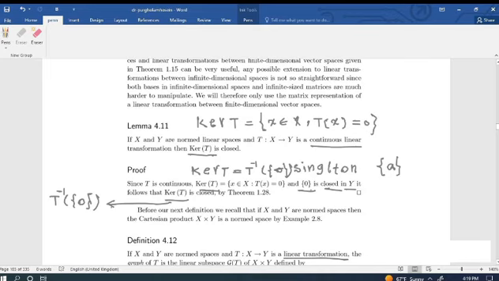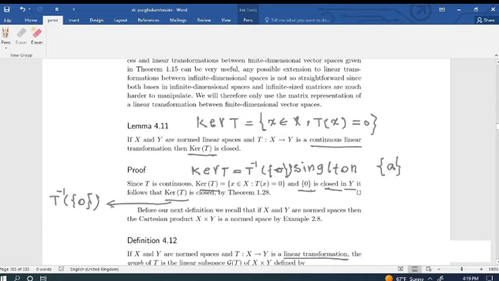So we can write the kernel of T as T inverse of the singleton 0. We call a set with one element a singleton.